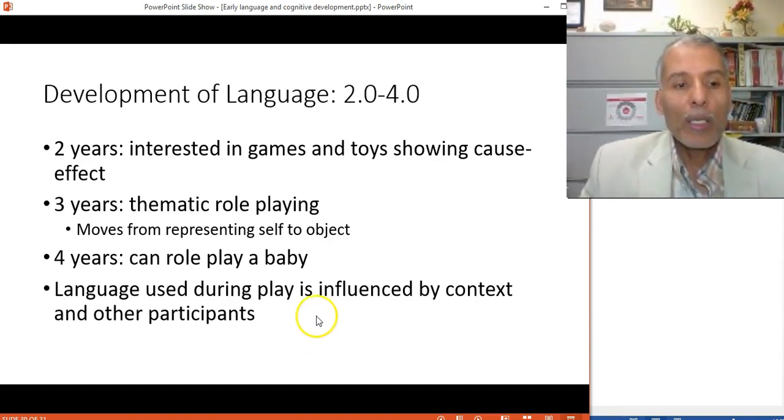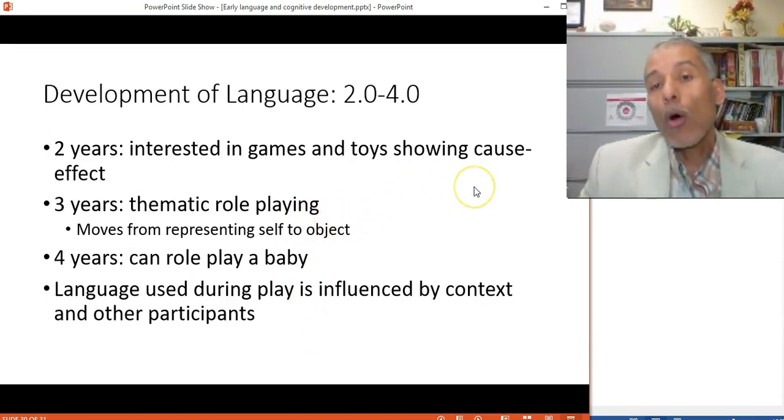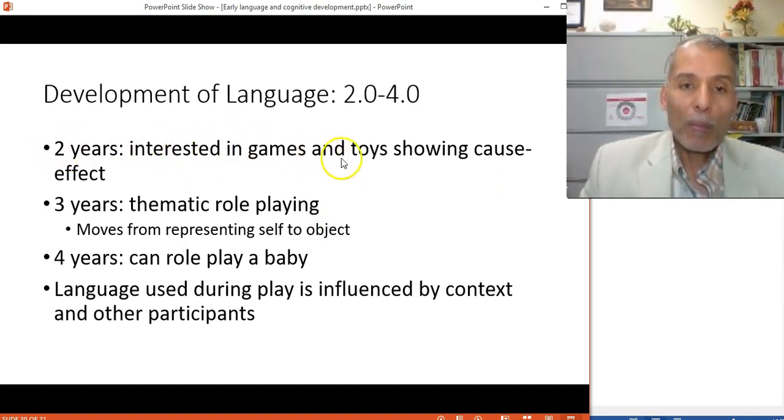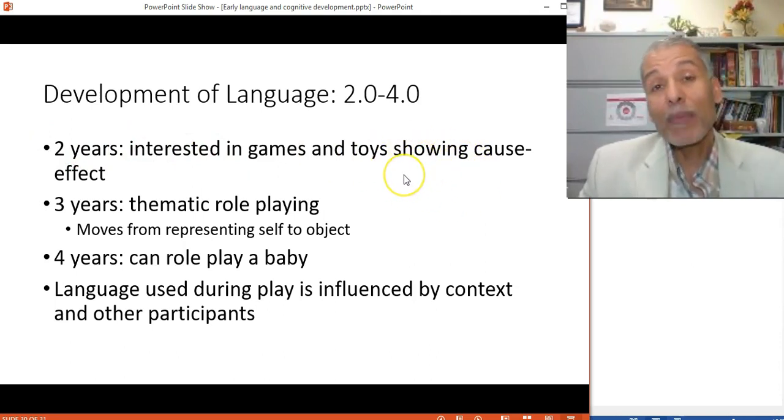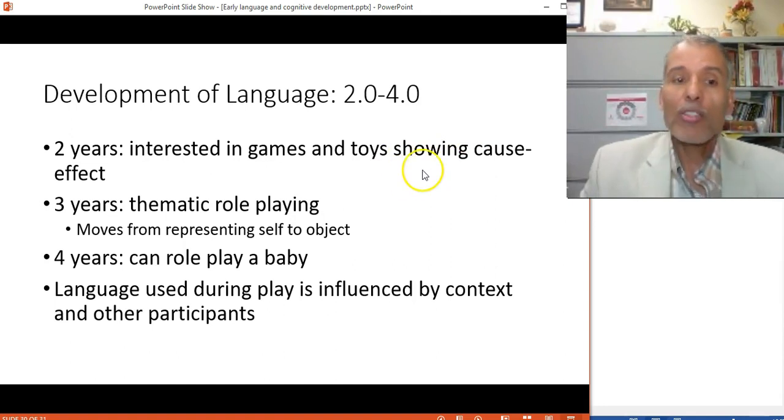At 2 years, the baby is interested in games and toys showing cause and effect, and that teaches them a lot of symbolic play, and it is a critical skill, the same skill that you use to do problem solving and social communication, and any skill that requires cause and effect, analyzing behavior, and so on.